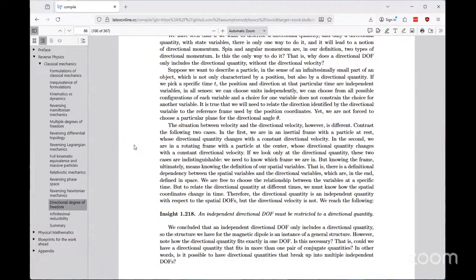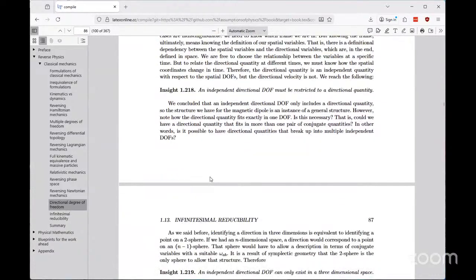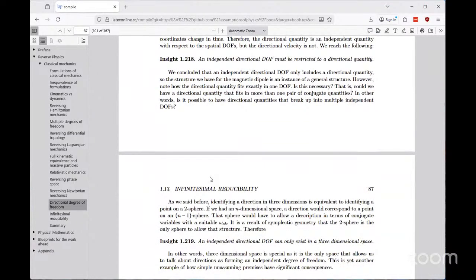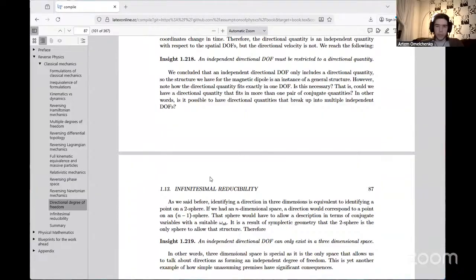We reach the following insight. An independent directional degree of freedom must be restricted to a directional quantity. We concluded that an independent directional degree of freedom only includes a directional quantity, so the structure we have for the magnetic dipole is an instance of a general structure.